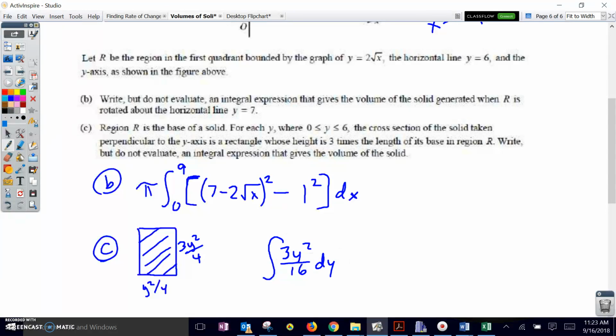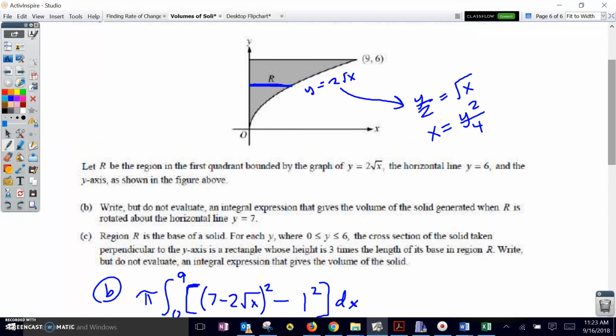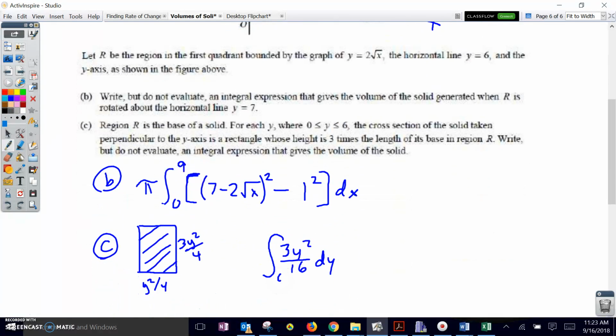And now, all I need to do to find the volume of this is put in the limits of integration, and they should be the y-coordinate at the bottom of the region and the y-coordinate at the top of the region. And now's the time for those limits of integration to be 0 and 6. Alright, so anytime we're finding the volume of a cross-sectional solid, we need to make sure we pay attention to which axis the cross-sections are perpendicular to, so we know which variable we need to use for the limits of integration and for the curves.